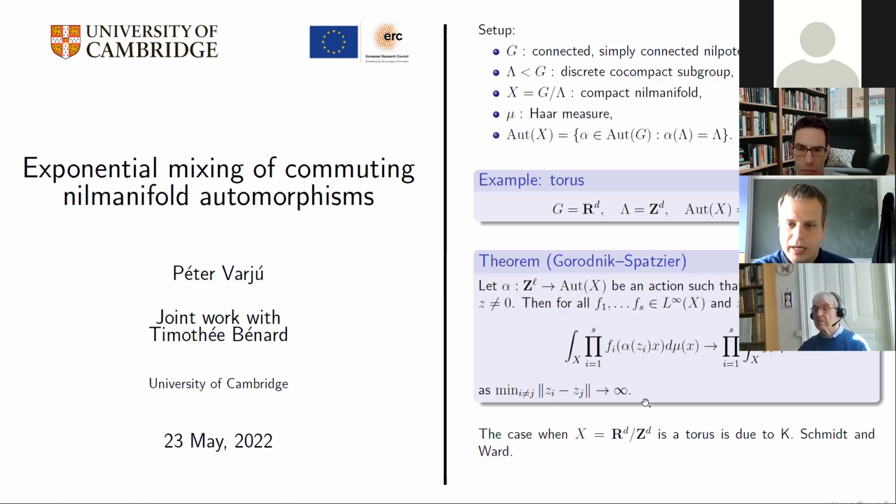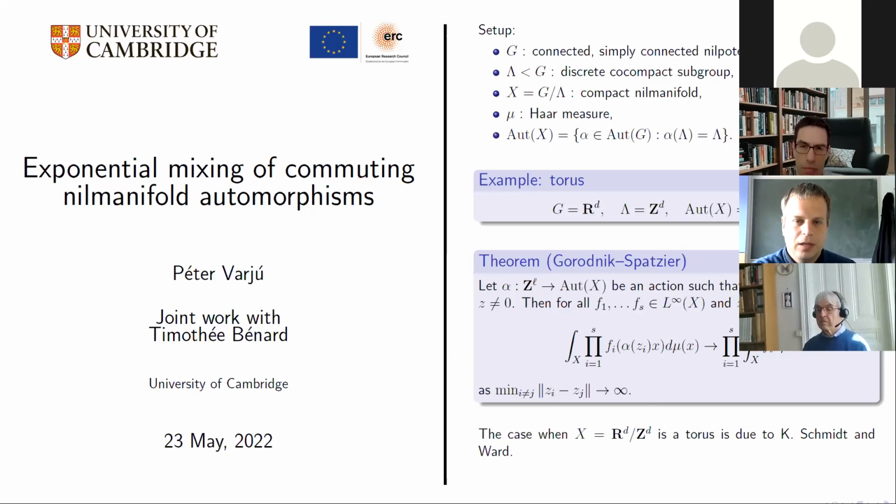Okay, so here I would like to mention that the torus case, which I alluded to above, was done much earlier by Klaus Schmidt and Tom Ward. Are there any questions at this point? I have a question.